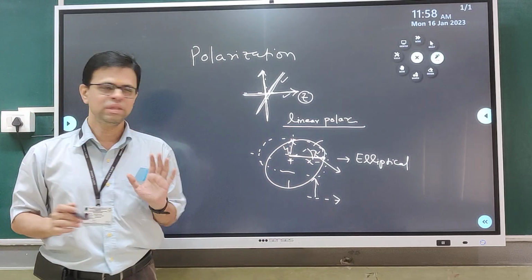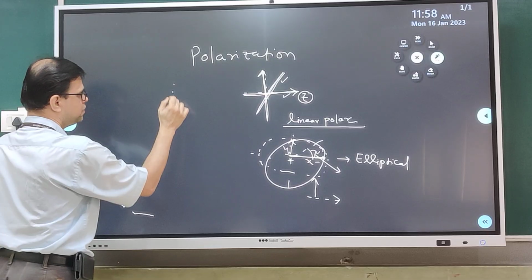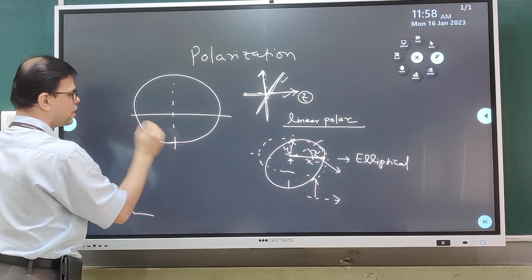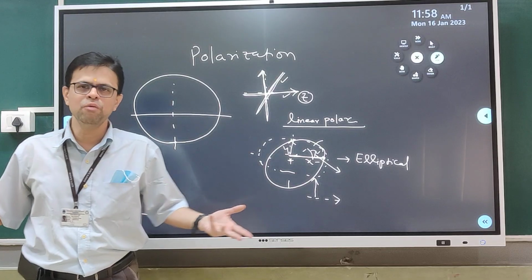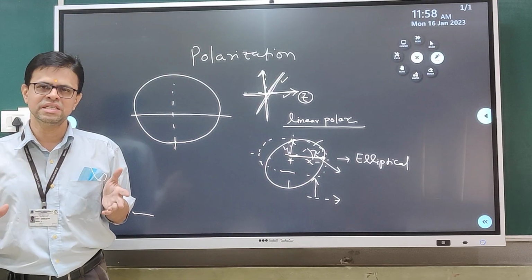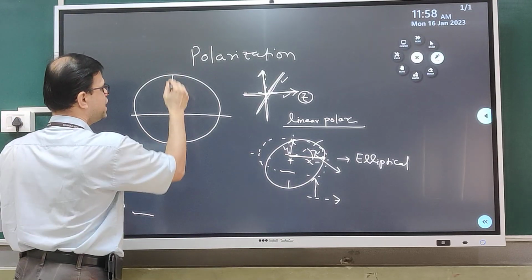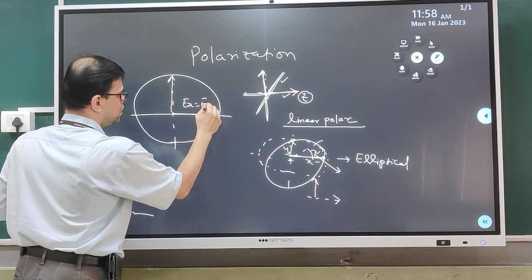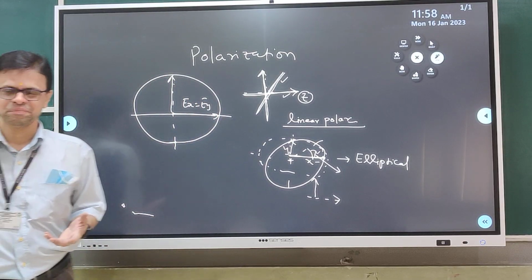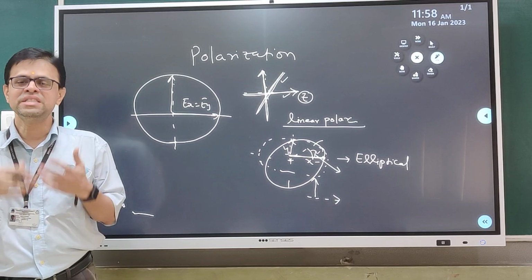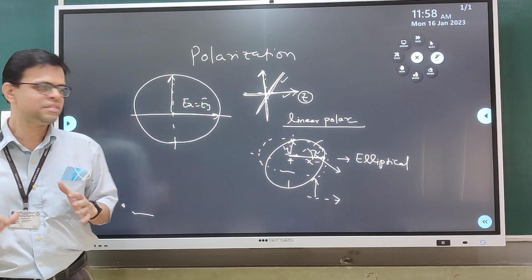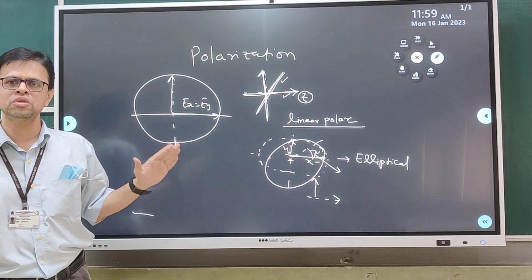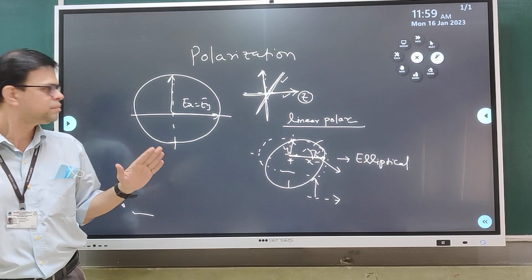But if you go now to a circular polarized design, let angle tau be anything, in all the cases the orthogonal EX and EY are going to be equal, since it is a circle, and hence you will not have any kind of signal loss here.